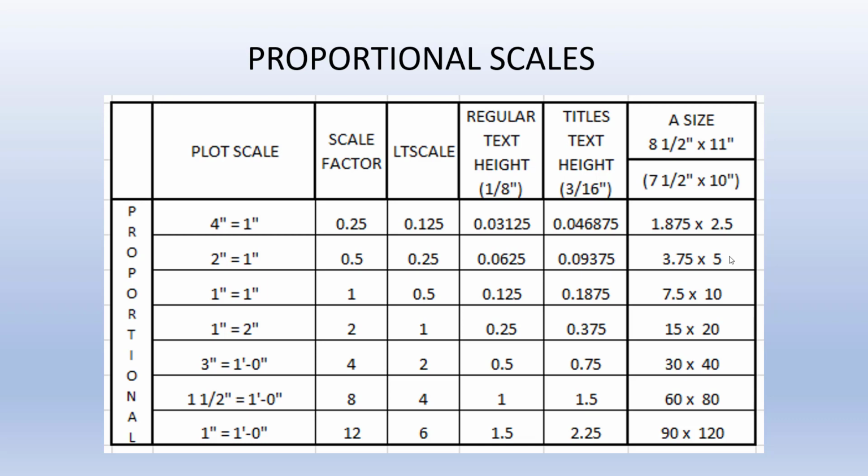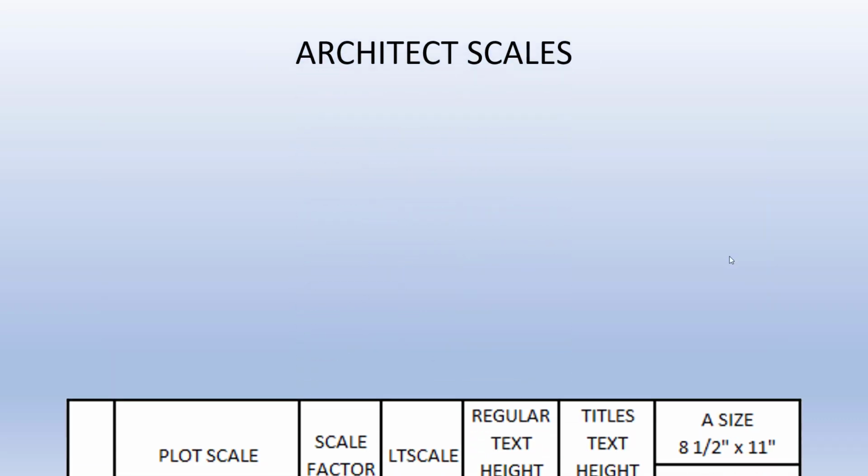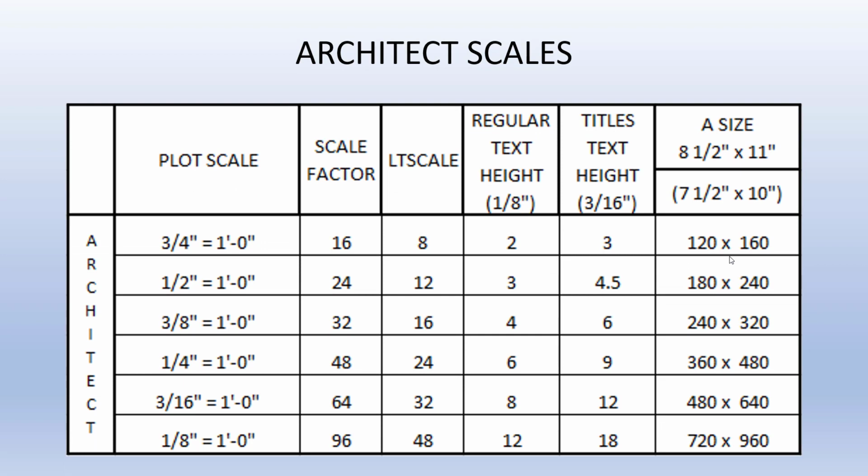The next scale table is the architect scale, and it is set up just like the proportional scale with the same type of columns. Notice the plot scale numbers in the first column and the scale factor numbers in the second column, and how they differ from the proportional scale. These plot scale factors result in higher scale factor numbers.